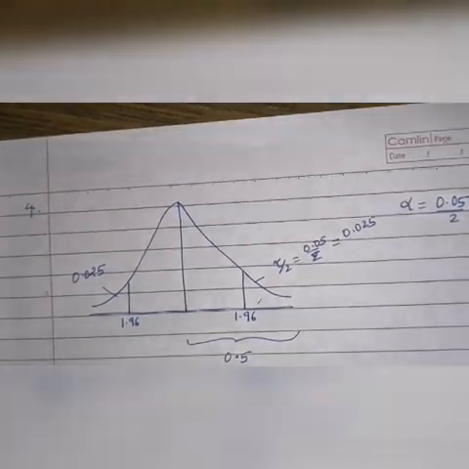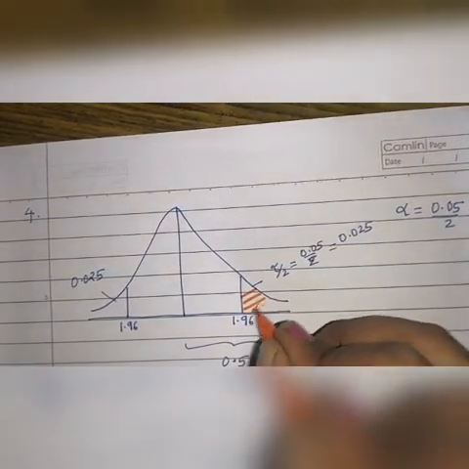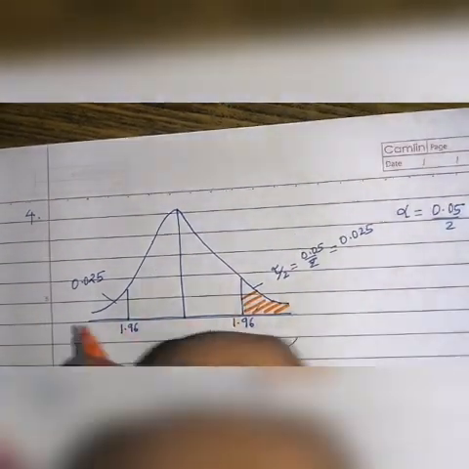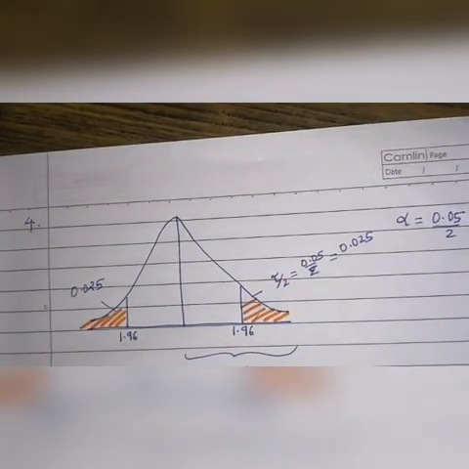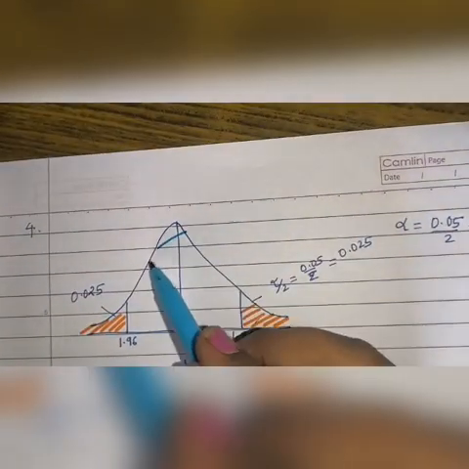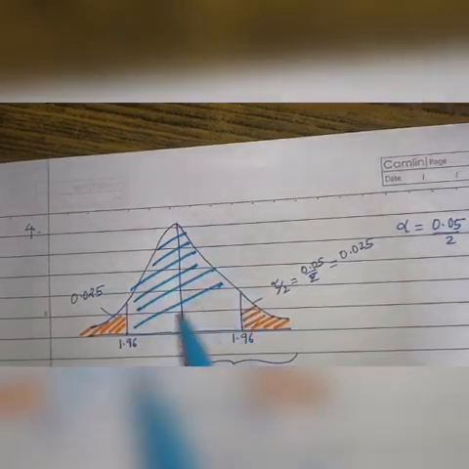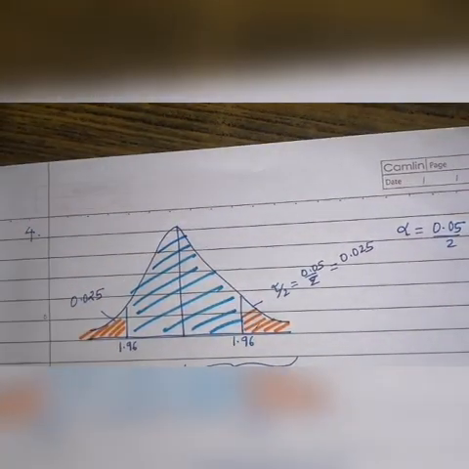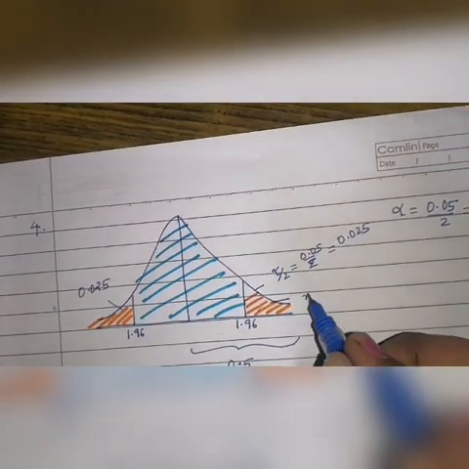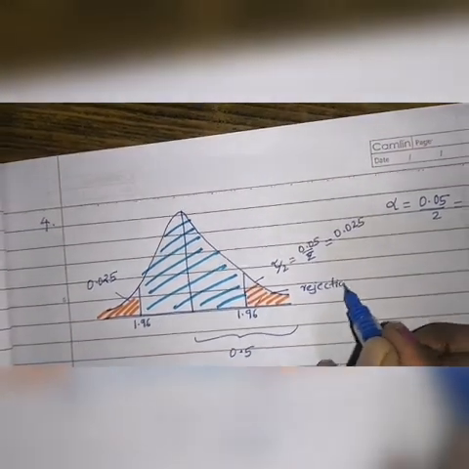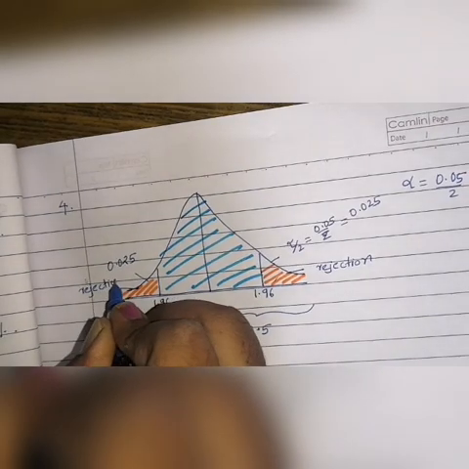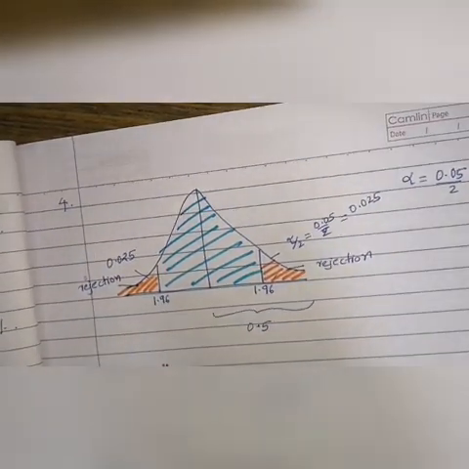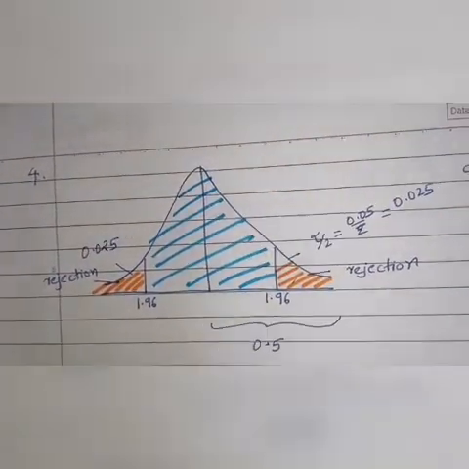So this area on this side is the rejection area, and this area on this side of the curve is the rejection area, and this entire part is the acceptance region. So this is the rejection region or critical region, and this is also the rejection region or critical region, because we are dividing the level of significance into two equal halves, because it is a two-tailed test.